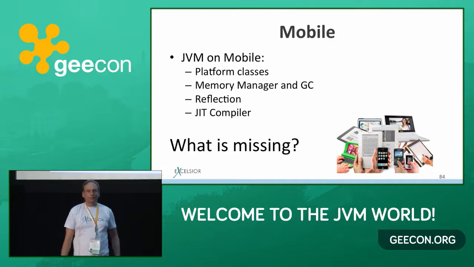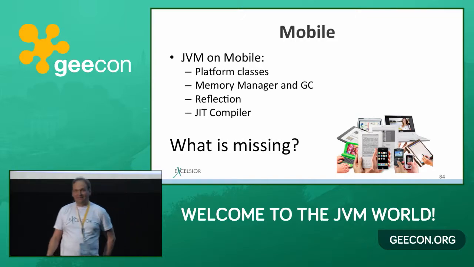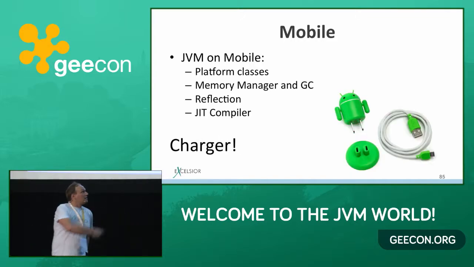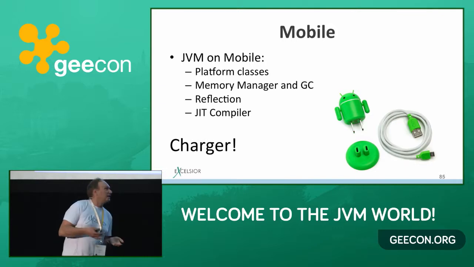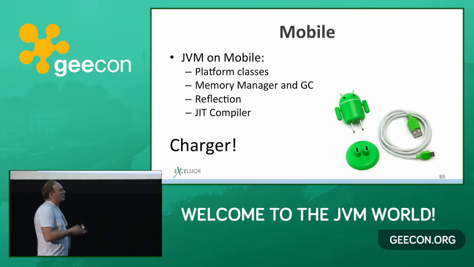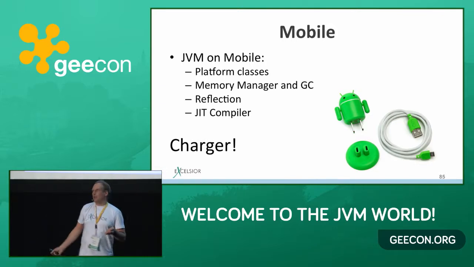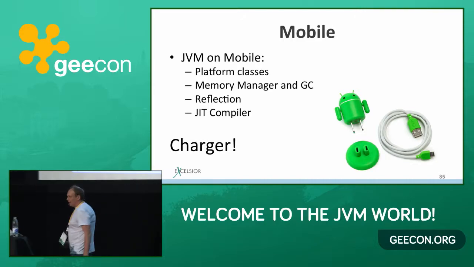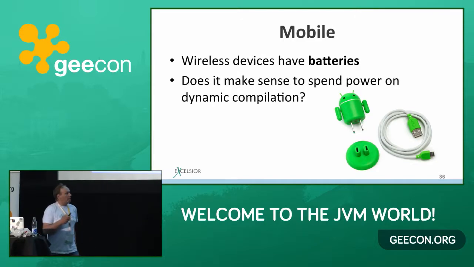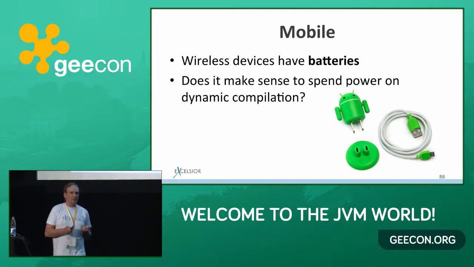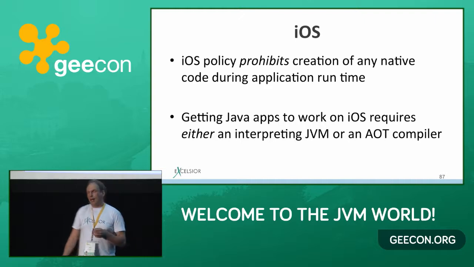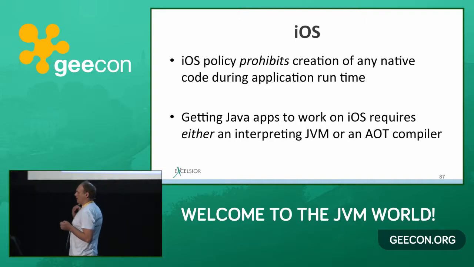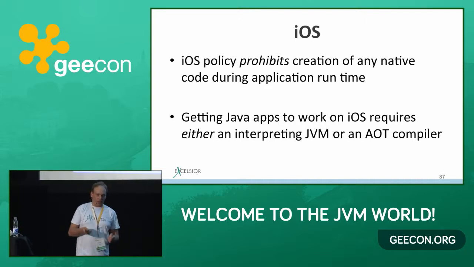What's missing? The charger. All modern devices have a battery. So is it worth spending battery on compiling at every application start without reusing the result later? Probably it was the reason why Steve Jobs prohibited any dynamic compilation on iOS, and it leaves AOT as the only viable alternative on iOS.